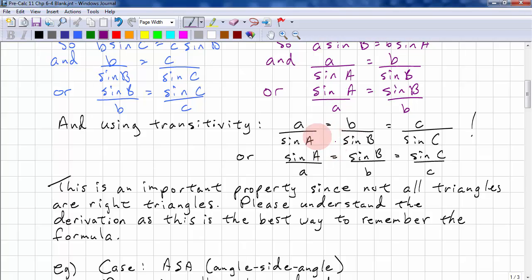Now, why would we need both? Well, it saves you a little bit of algebra. If you're looking for the angle, then you would use this formula. If you are looking for a side, you would use this formula. But we'll see this in an example.